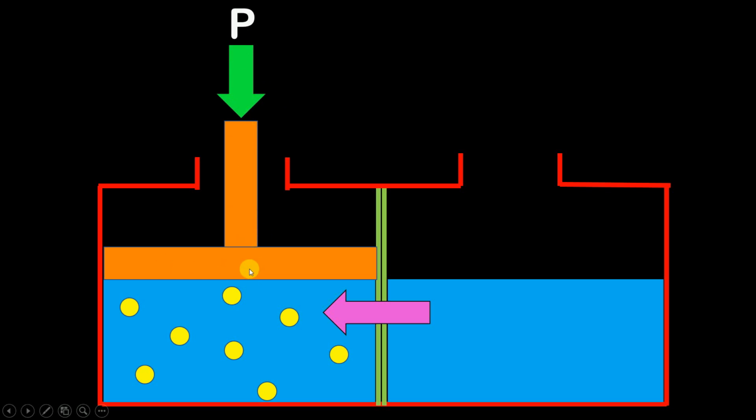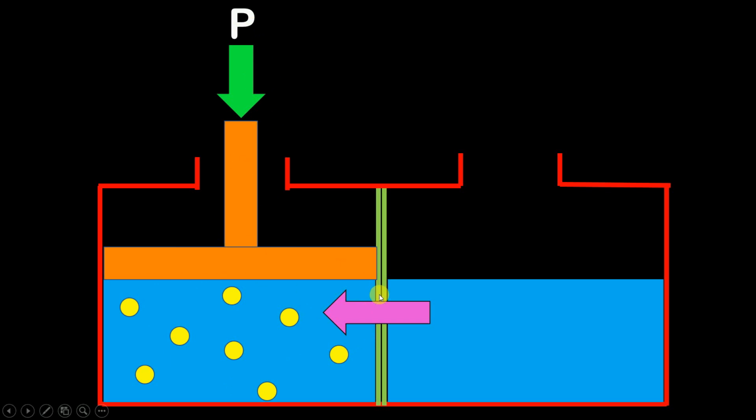If this piston comes up, then obviously the volume of this solution will increase. I want the volume of this solution to remain as it is. Therefore, I am going to apply a downward pressure on this piston.